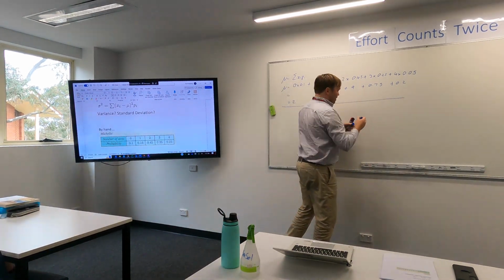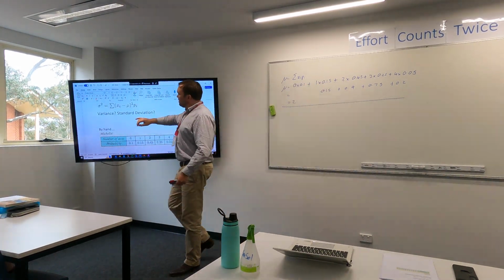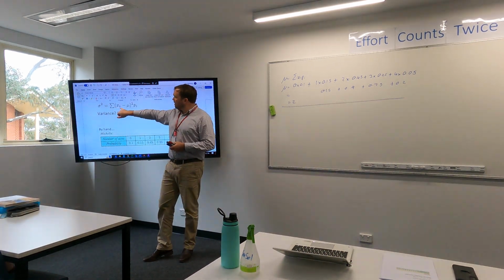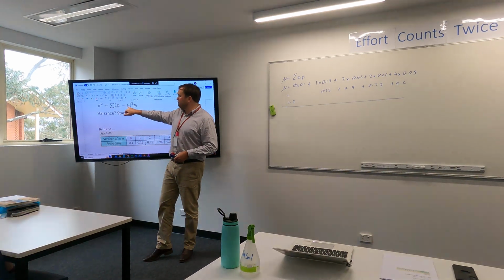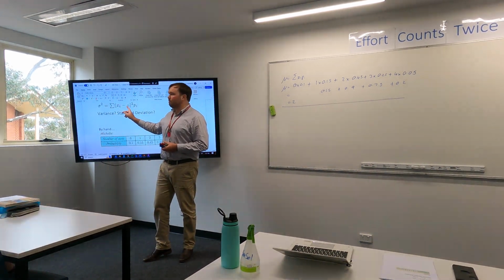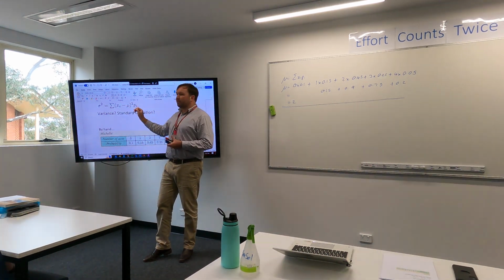Alright, variance is the sum of each outcome subtract the mean, squared. So that is the gap between each outcome and the mean, squaring it, multiplying it by the probability of that outcome occurring.